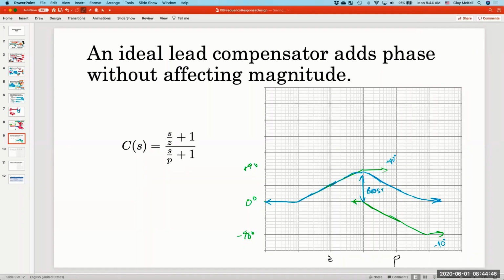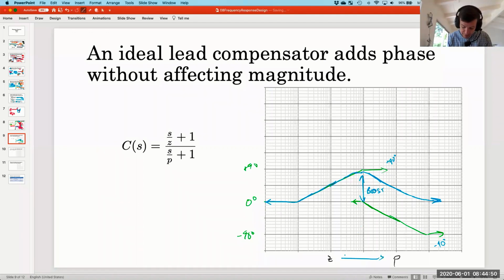Put them closer together. Exactly. So the height of the peak is actually dictated by the delta, or the difference in frequencies of these two things. If they're far away, then the peak maxes out at 90 degrees. If they're close together, then the peak is only a little peak, and it's close to 0 degrees. And you can get a continuum of boosts depending on how close or how far apart the transfer function 0 and the transfer function pole are. Sounds good, right?